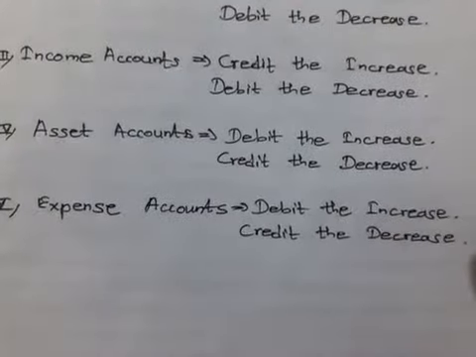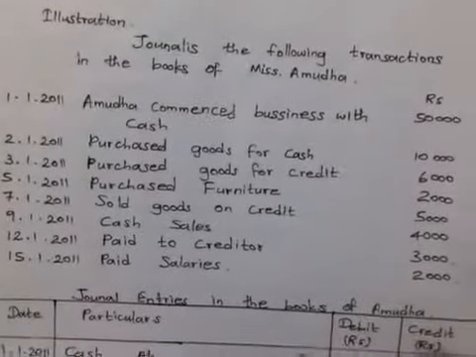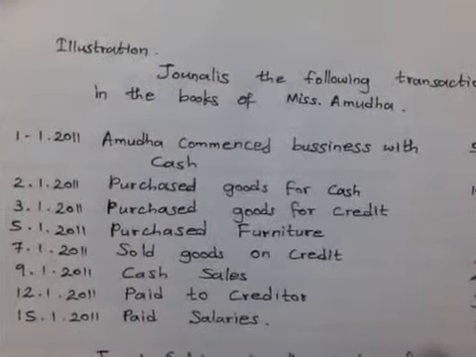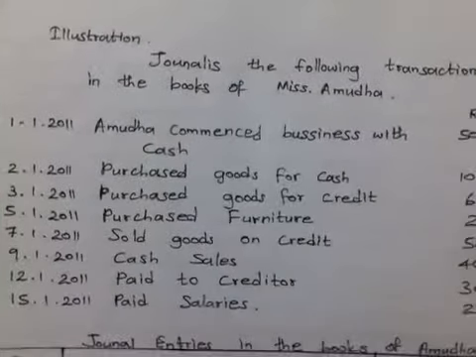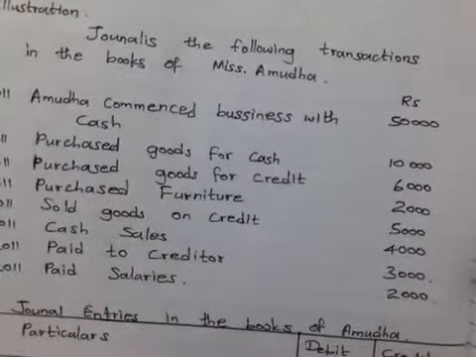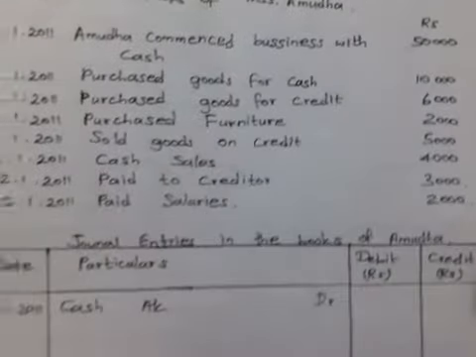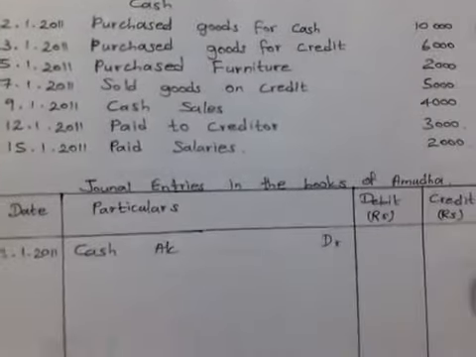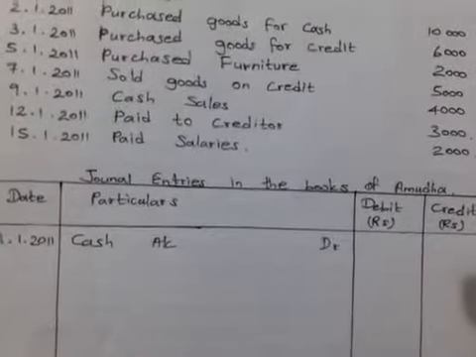Let's go to an illustration. Let's go to the first transaction. 1st January 2011, Amuda commenced business with cash of 50,000. In this case, Amuda brought 50,000 cash to the business.